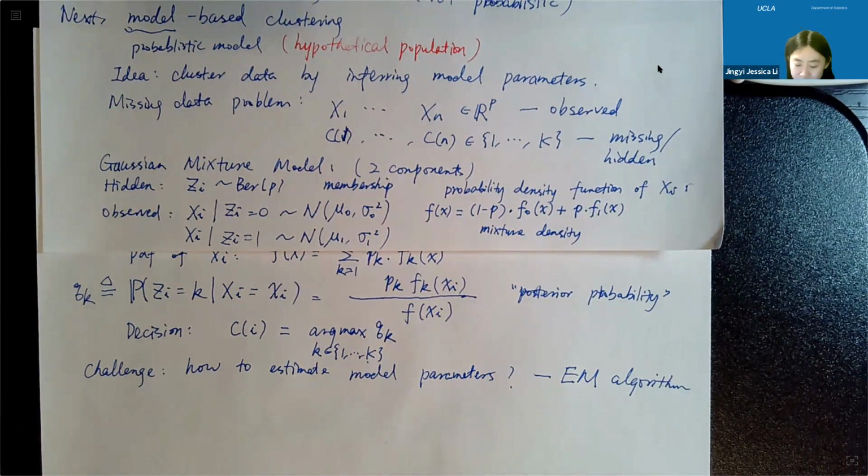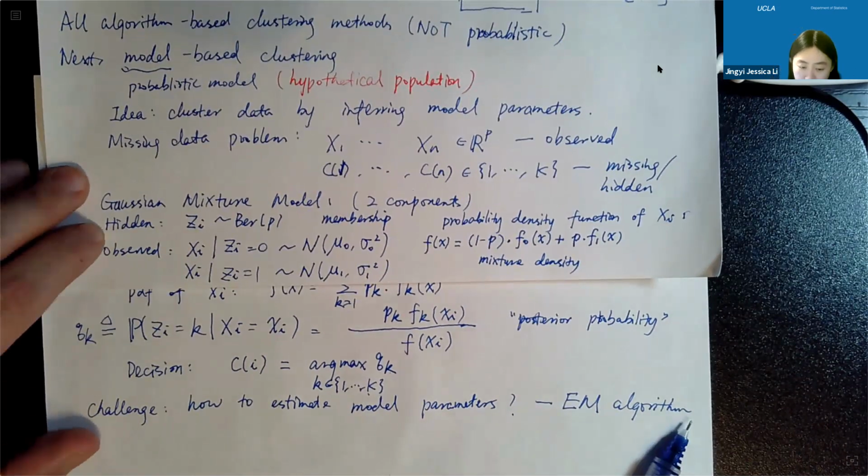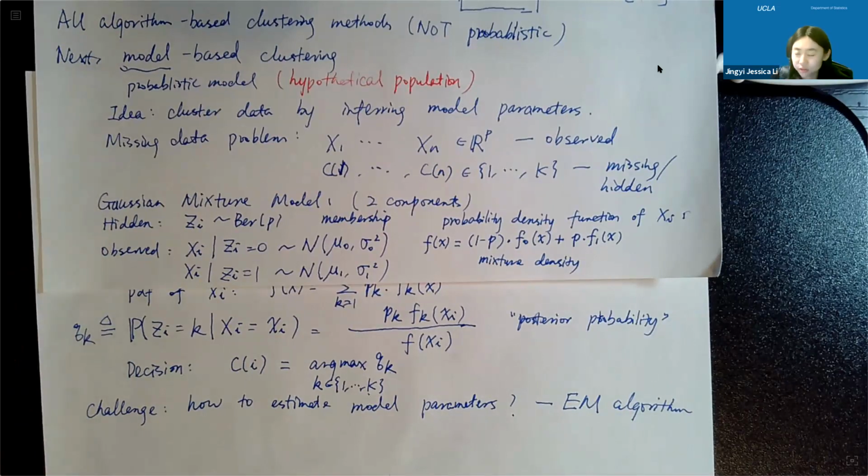Okay, but I think it's good if you want to preview lecture notes 8, the part in which I use the voting as an example to demonstrate this idea about the missing data problem. Although that voting problem is different from the Gaussian mixture, they are very similar in nature. So that's why I'm going to do the EM algorithm derivation for that voting problem. And in your homework, you're going to do that derivation for the Gaussian mixture problem yourself.